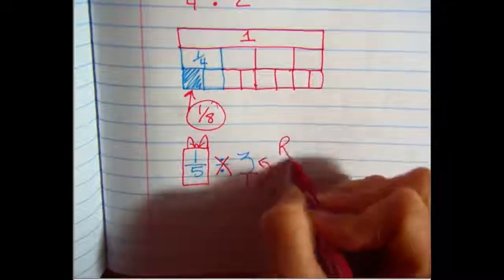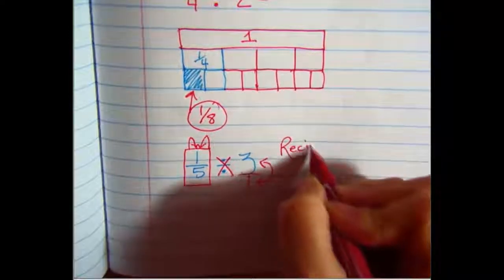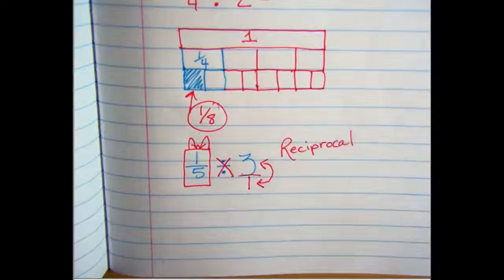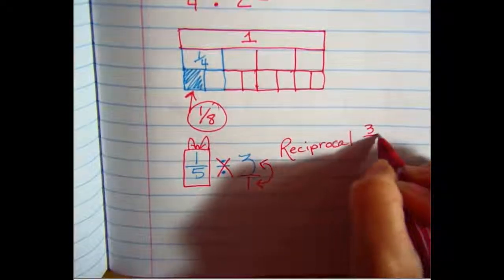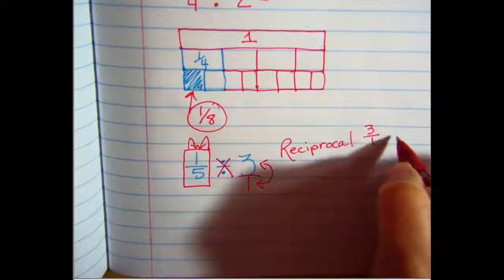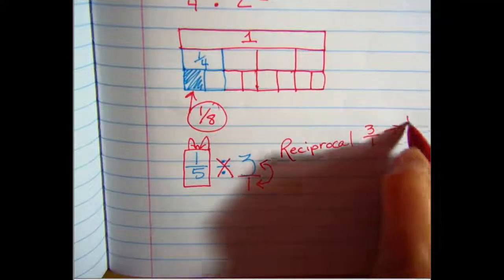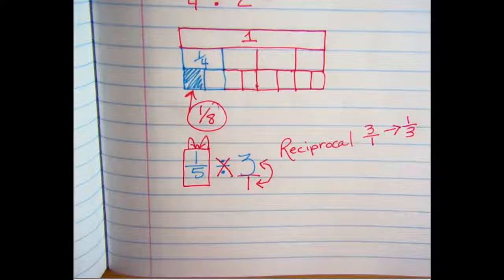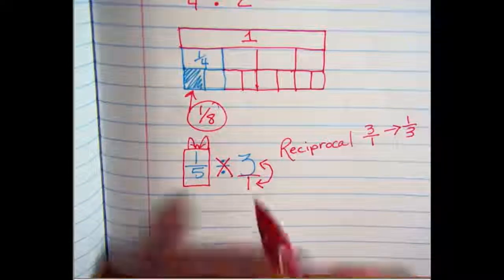When I do this, I'm creating the reciprocal for 3/1. Reciprocal means when you take a fraction and you change it to the opposite positions. So 3/1 becomes 1/3. Do you see that? So I'm going to flip him.